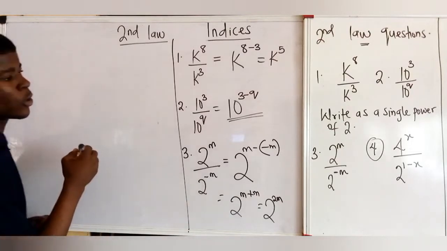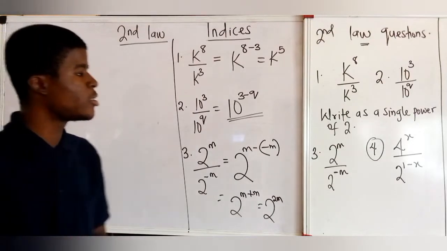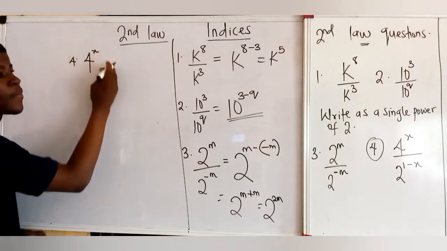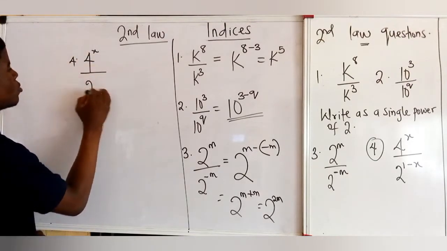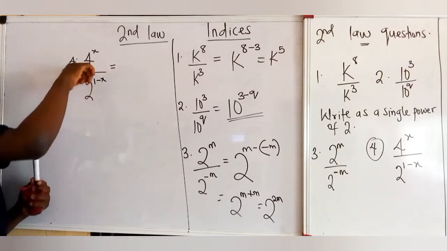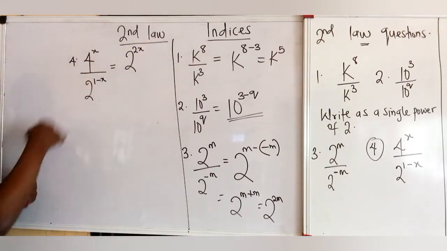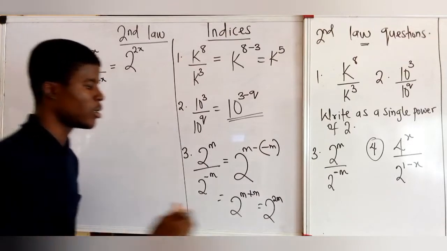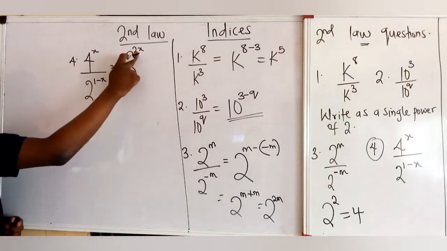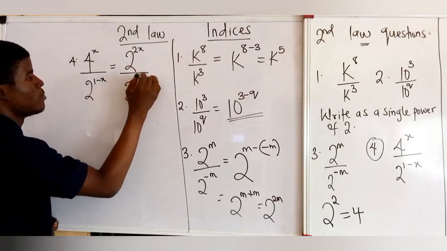Now, the next question, which is the fourth question, we're asked to express this as a single power of 2. 4 to the power of x divided by 2 to the power of 1 minus x. So what would this be? 4 to the power of x can be simplified to 2 to the power of 2x. 4 is the same thing as 2 to the power of 2 is equal to 4. So I will express this as this all over 2 to the power of 1 minus x.